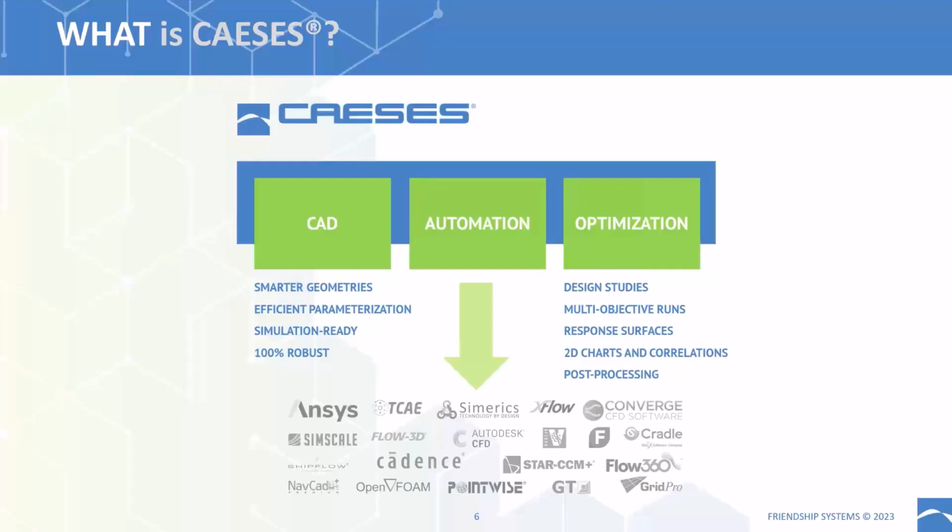As you can see, the three main components of CAESES: the CAD environment on the one side, the optimization environment on the other side, and in the middle, what is called automation, which is basically the interfacing to external simulation tools, which in many cases that our customers are working on are CFD codes, but it can basically be any arbitrary type of simulation that you can use to evaluate your geometry in the optimization process.